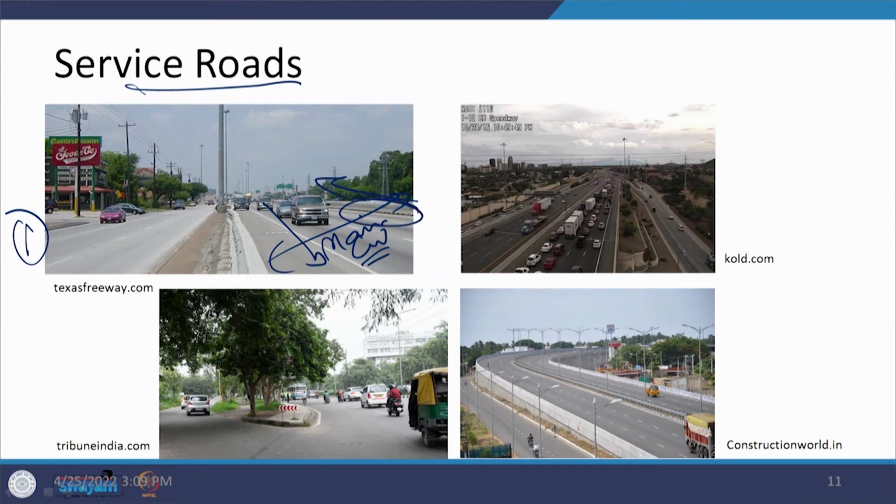It can be a raised median, or a flush median, or whatever it is. And we have a service road provided on one side, which can be a 2-lane system or a single lane system, depending on how much traffic is there and what type of activity is there on the side of that particular road.